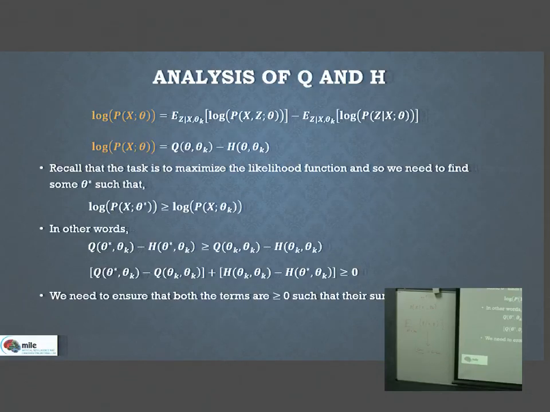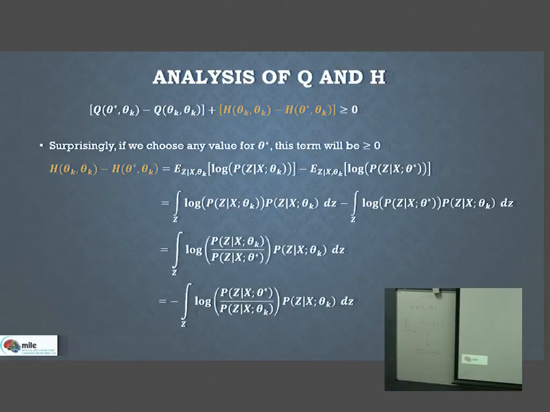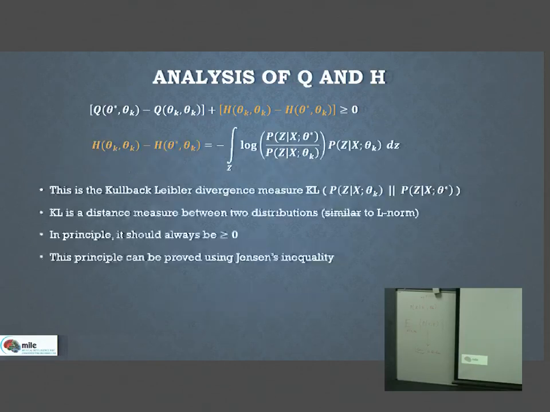This is how we choose. We have to choose some parameter theta star such that the likelihood at that point, this term, will be more than the present likelihood that we have. From the derivation we have seen, whatever theta star we choose will always make this term greater than or equal to 0.